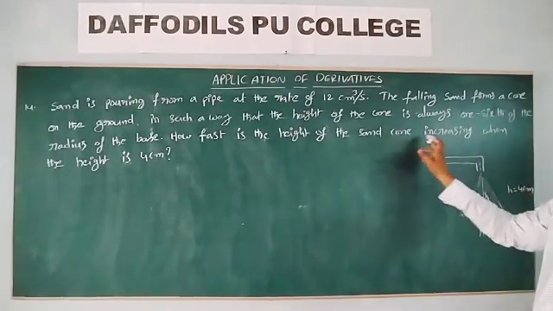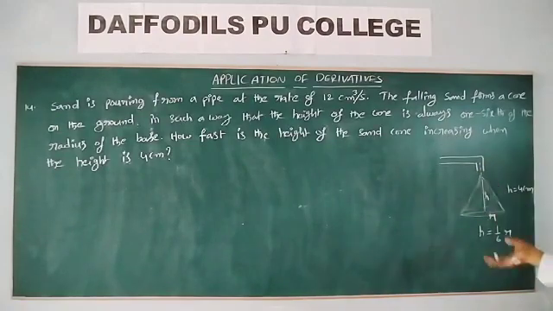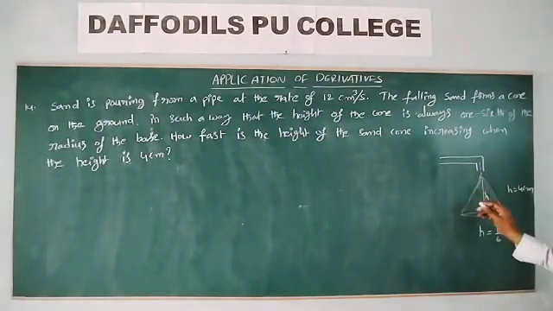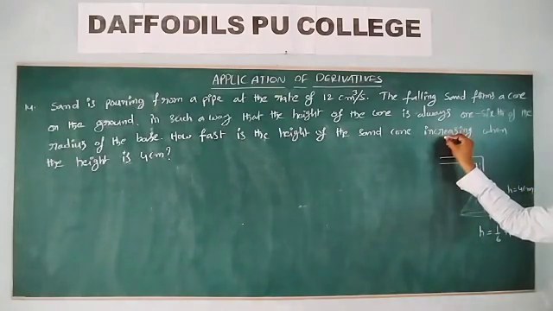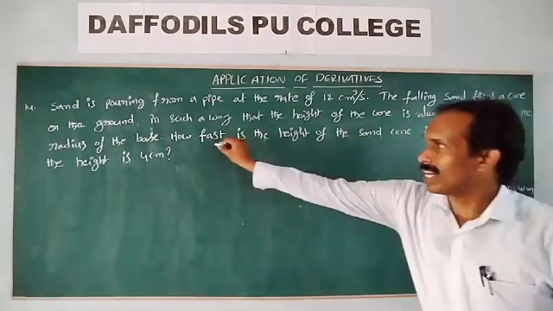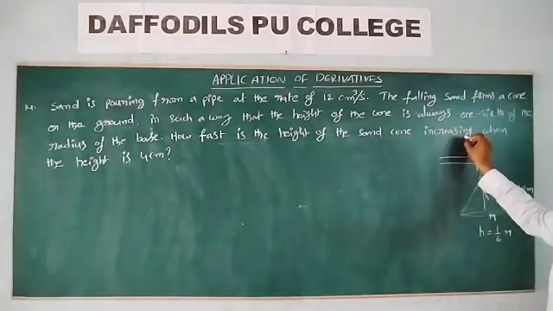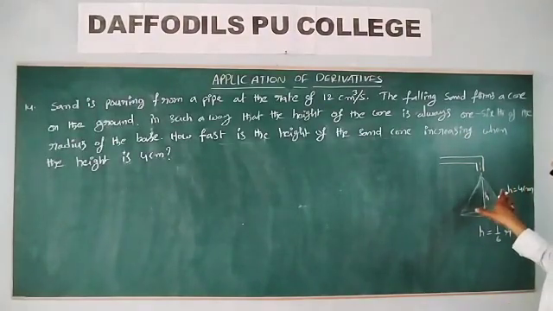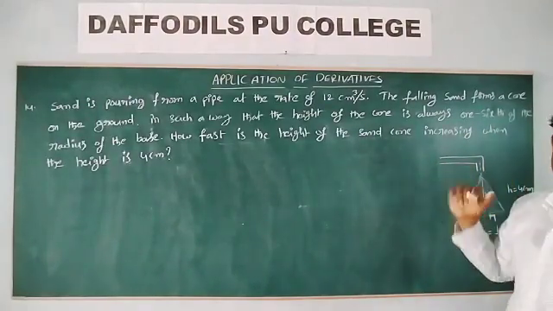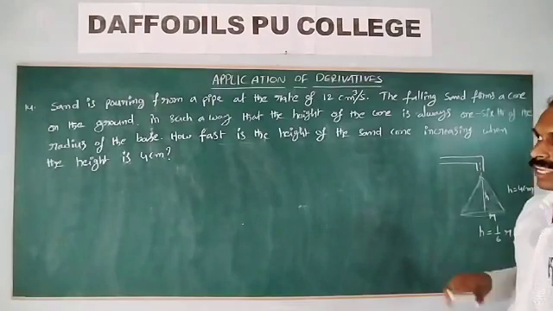How fast is the height of the sand cone increasing? That means the rate of increase of height, dh by dt. So you will find dh by dt, the change in height.